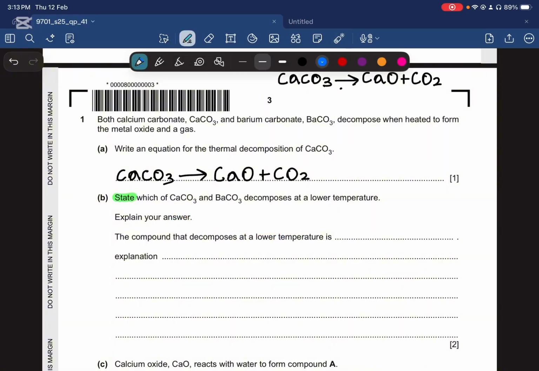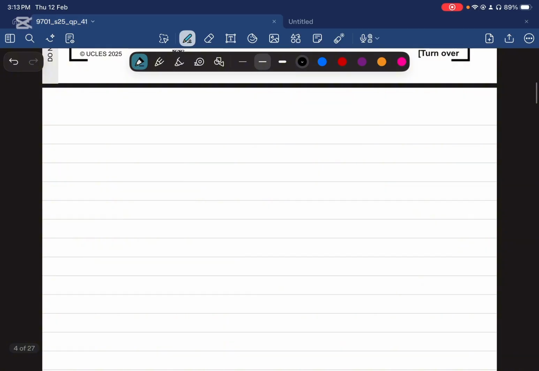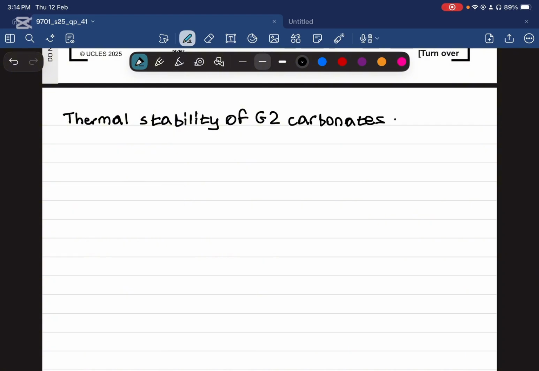Now, you guys should learn this trend by now when you were studying your syllabus. When we talk about the trend of group 2 metal carbonates, the thermal stability of group 2 metal carbonates increases down the group.